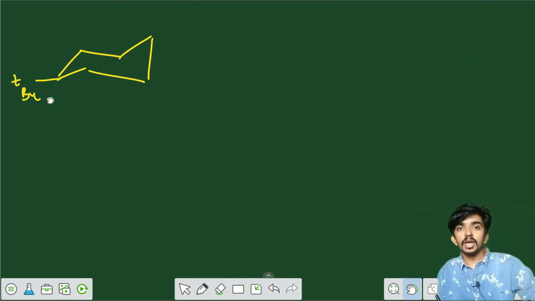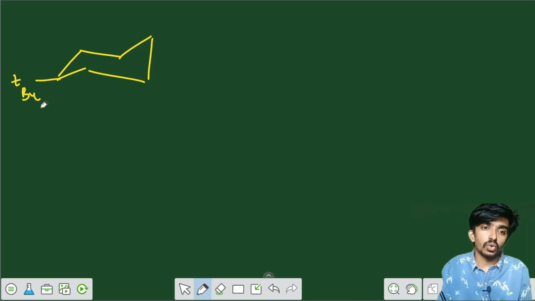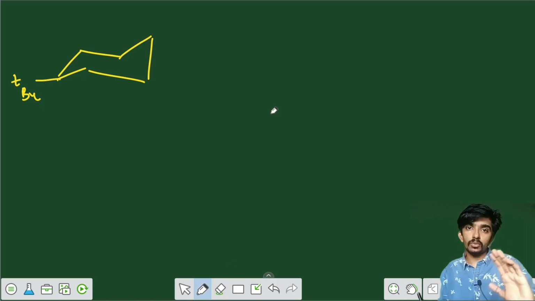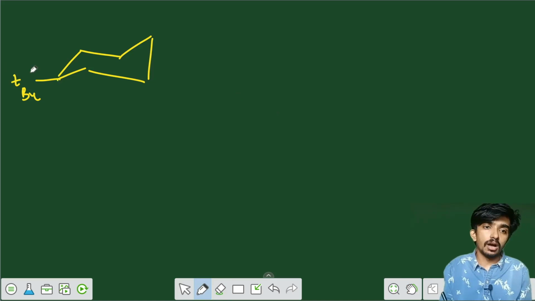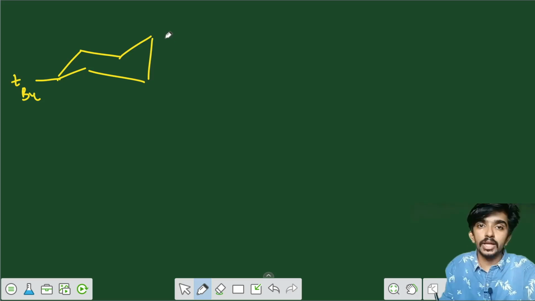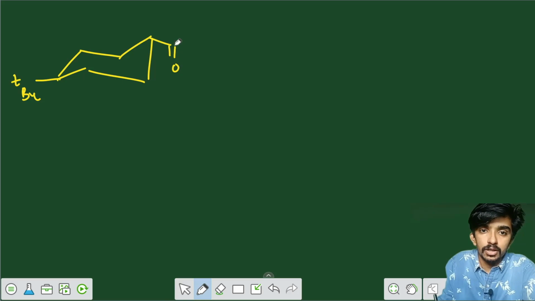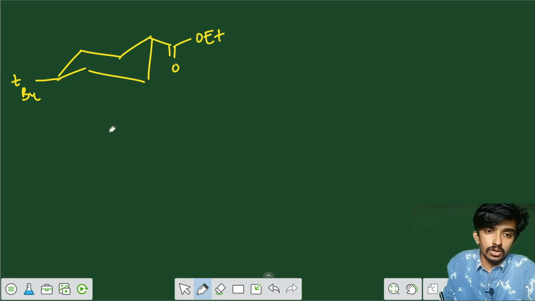It will only be present at the equatorial position. So if I have to write trans, up and down is the way to remember. If this is equatorial, the ester group will also have to be equatorial in order to be called trans. So let us write the structure, and this is structure number 2.